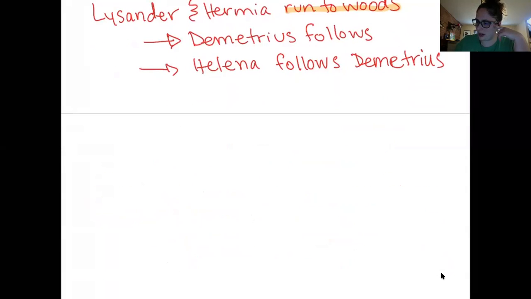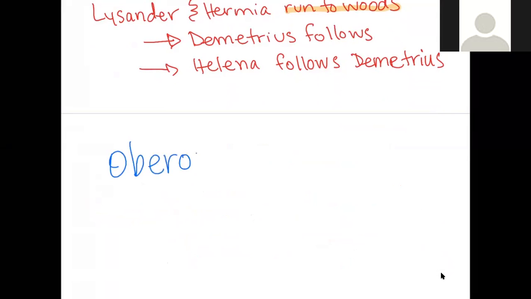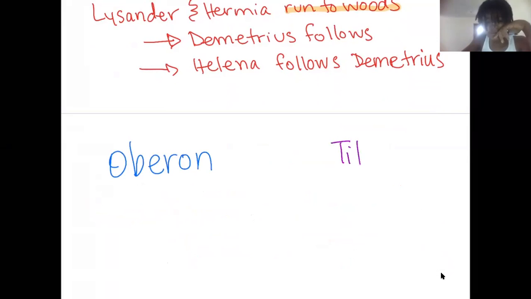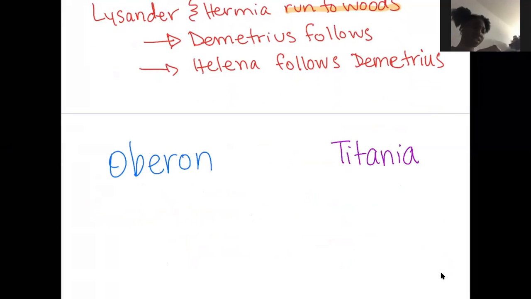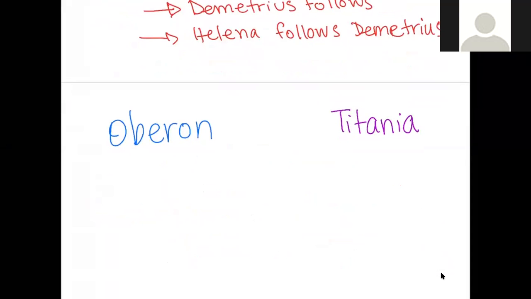Okay, so who are Oberon and Titania fighting over? Who are they fighting over, you guys? I think Hermia or something. And then they found out Helena. Nope.